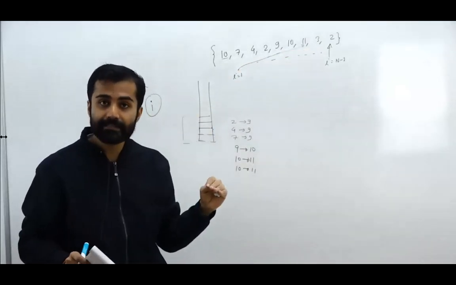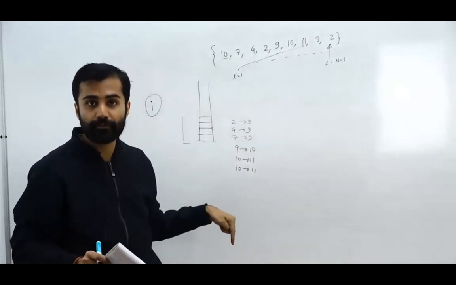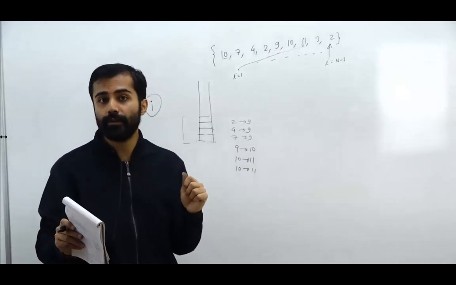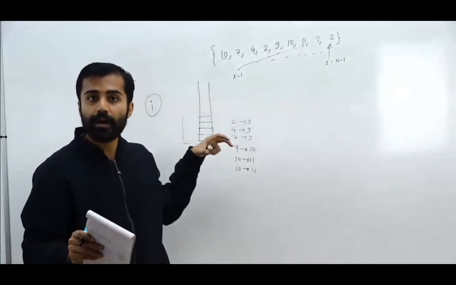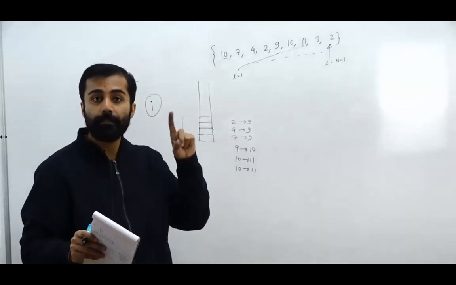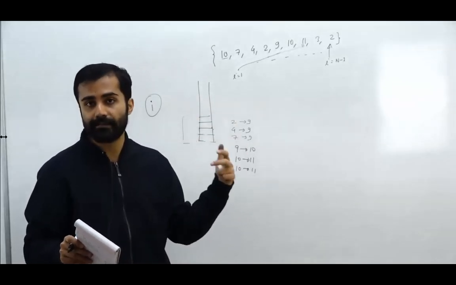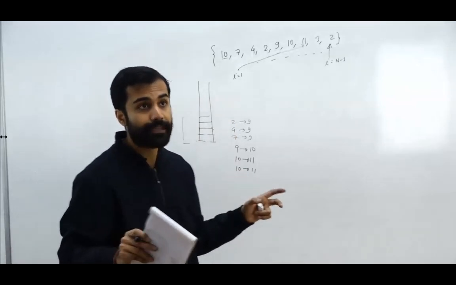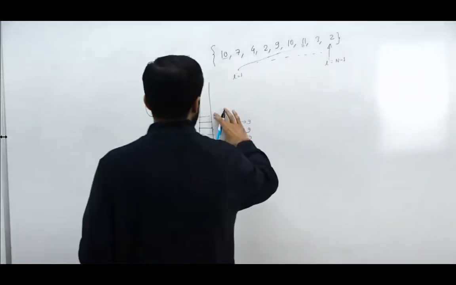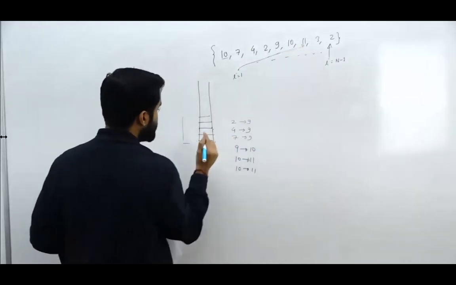In that case, before you pop again from the stack, you have to check whether your stack is empty or not. Do you remember what I told you at the beginning of the class? Whenever you are popping something from the stack or reading something from the stack, before doing that, you should check whether the stack is empty or not. This is a super important thing which we must not miss. At this point of time, the stack is empty, so I'll simply push this 11.